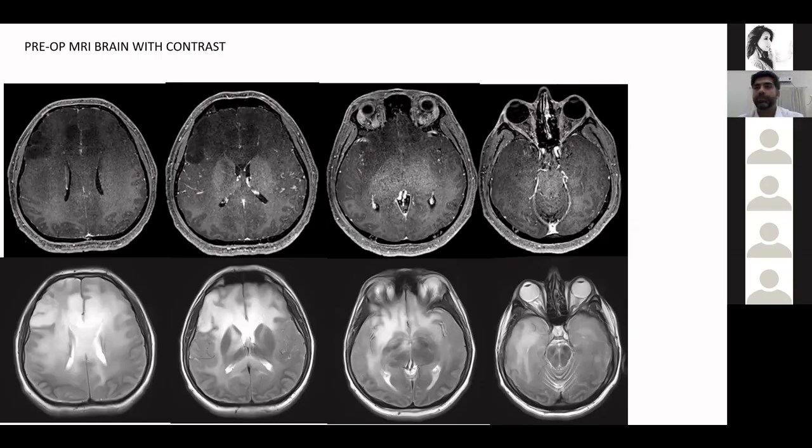And in the top row, this is a post-contrast T1 sequence. Here we do not appreciate any discrete enhancement within the lesion apart from the normal enhancement of the vessels. All you can see are the normal enhancing vessels in this region.